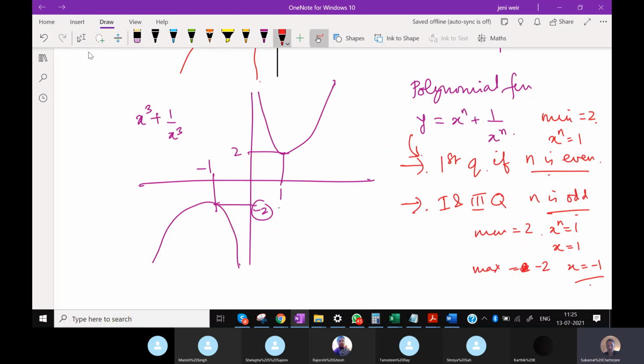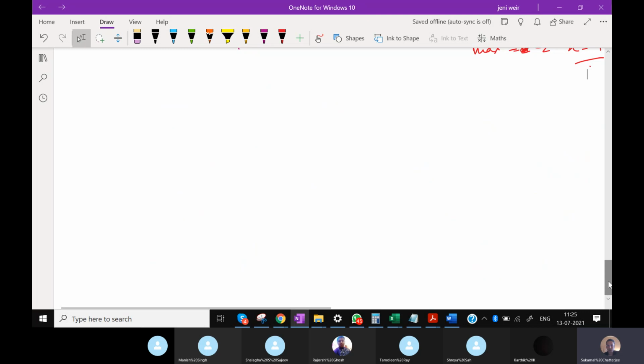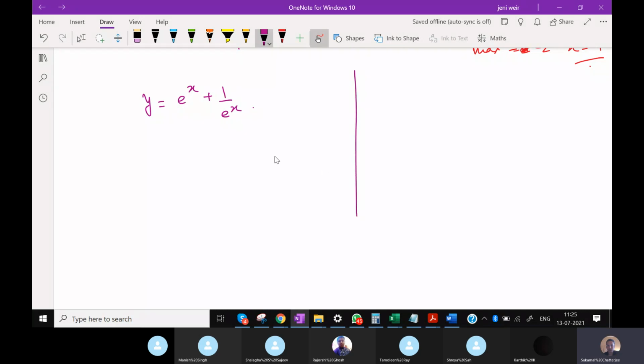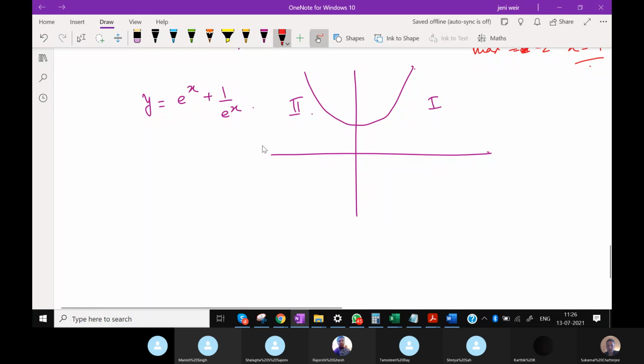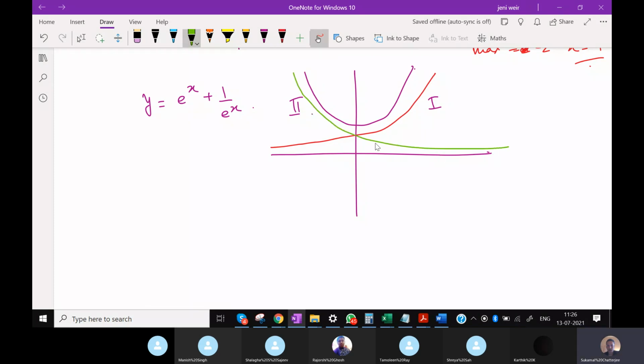Okay. If this function is exponential, then y equals e to the power x plus 1 by e to the power x, which means the graph of this function will be always positive, and it will exist in the first and the second quadrant, because the graph of e to the power x is like this, and the graph of 1 by e to the power x is like this, and this is the point x equal to 0, y equal to 1.